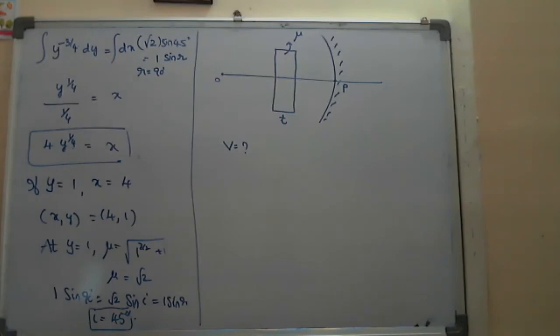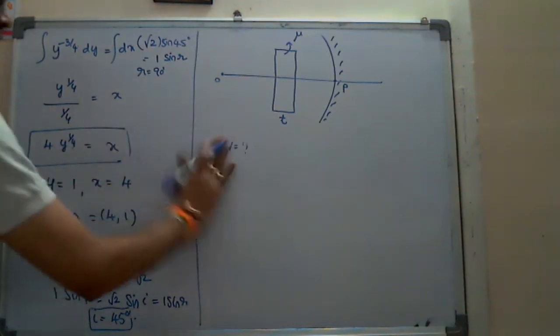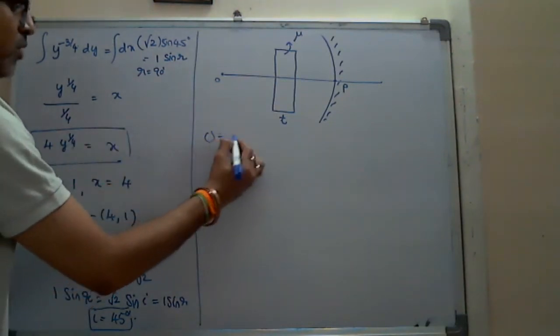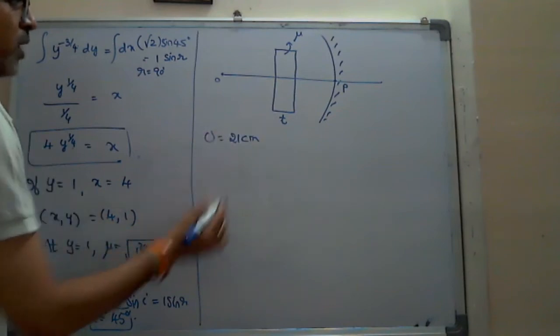Related to this model, suppose I am giving some information like a numerical. The object distance u is equal to 21 centimeters.